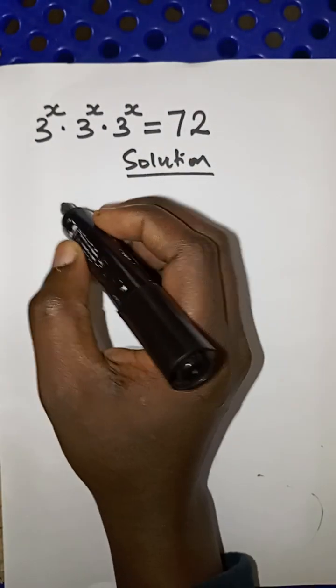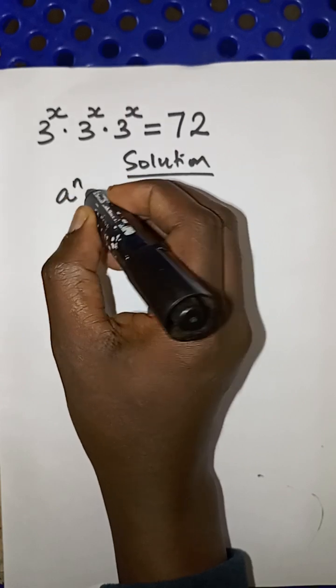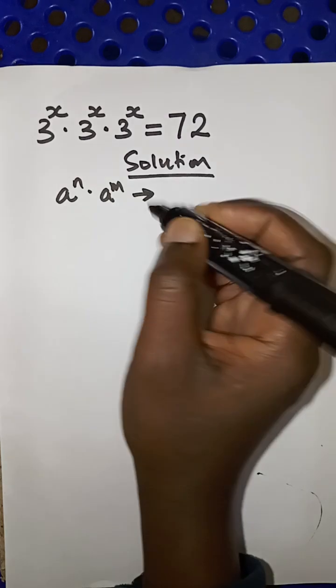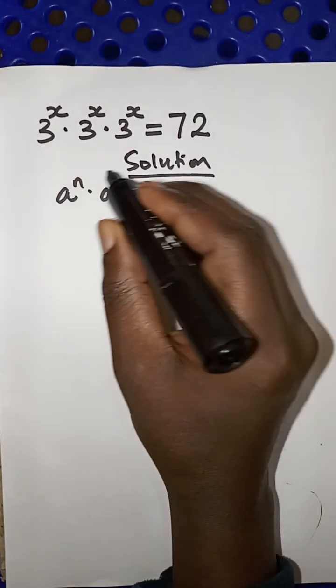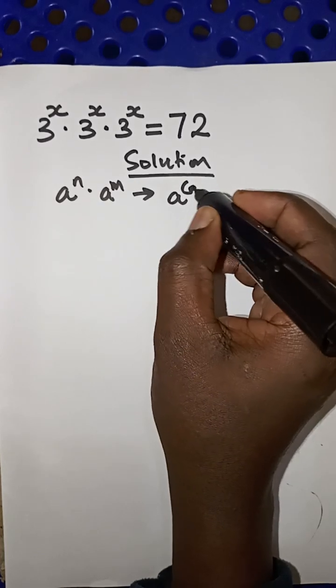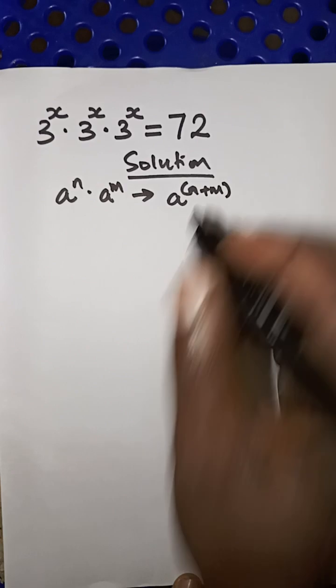Recall that wherever you have an index type of equation like a raised to n multiplied by a raised to m, this automatically tells you that you add the powers and the base remains a. So a raised to n plus m.